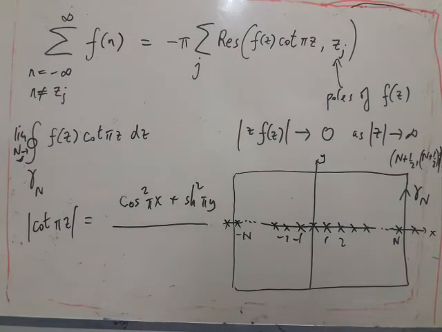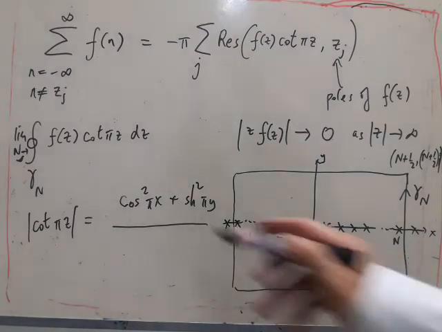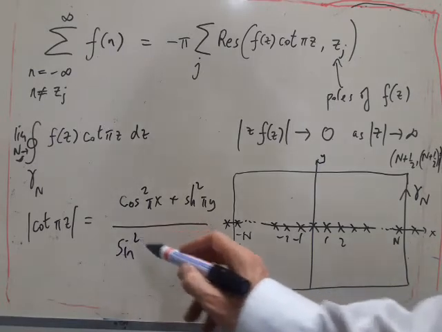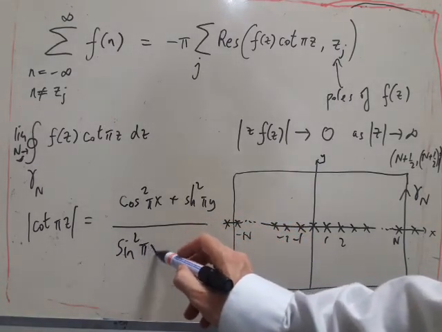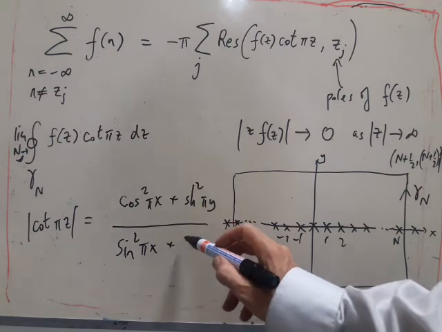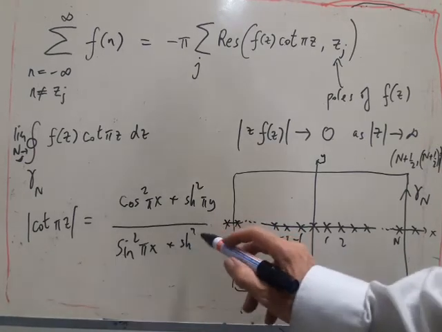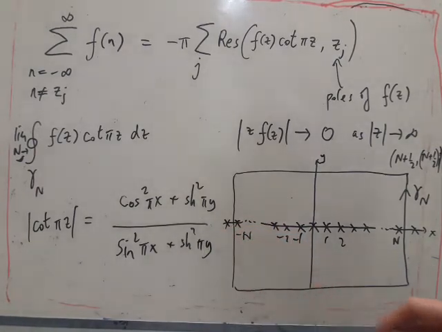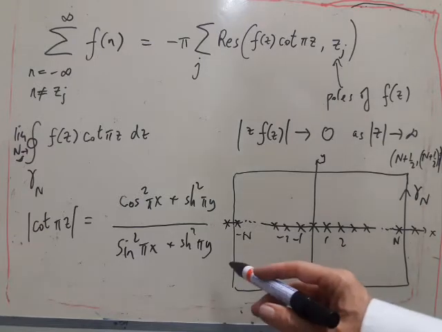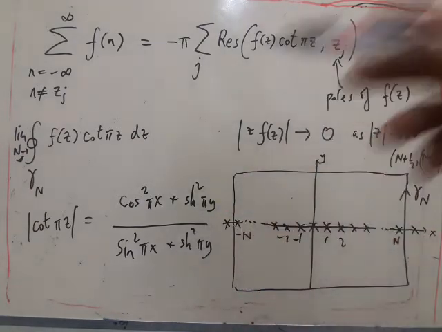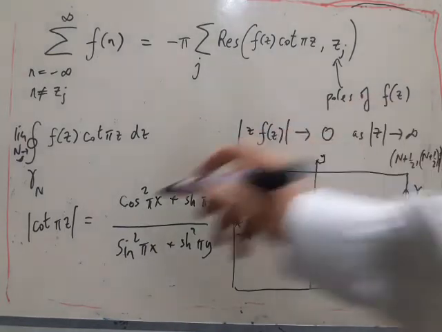And a long time ago we derived that the modulus squared of sine z is sine squared x plus sinh squared y. So if we replace z by pi z, we end up with sine squared pi x plus sinh squared pi y. Then I need to take the square root.